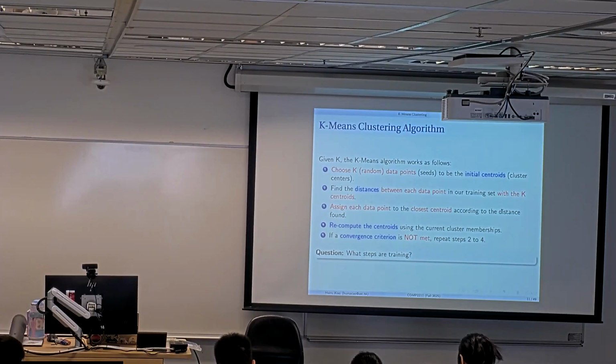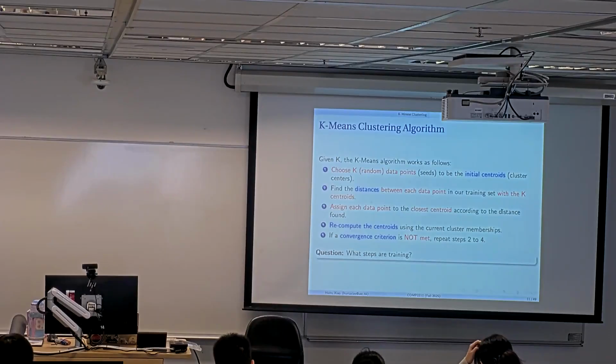And of course, after you update the centroids, the distances will possibly all change again. So that's why we need to repeat. Step 2 to step 4 we call one iteration in k-means clustering. Again, it's an iterative algorithm. So if the convergence criteria is not met, we have to go back to the iterations. We repeat step 2 to step 4.